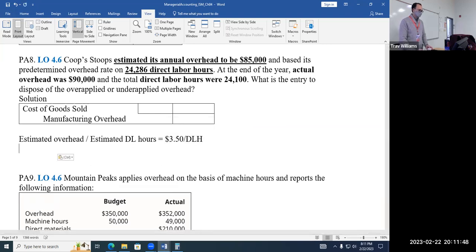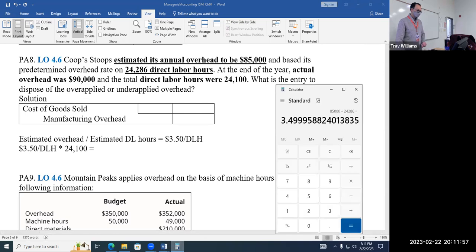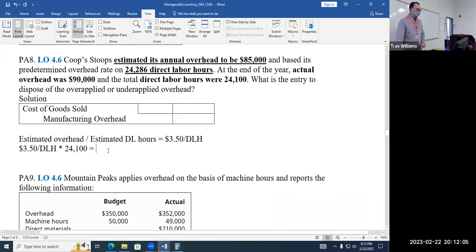Does that make sense? $84,350 is our applied overhead.